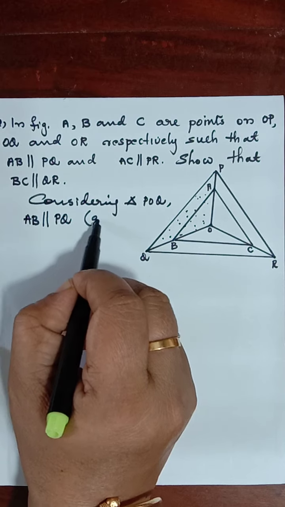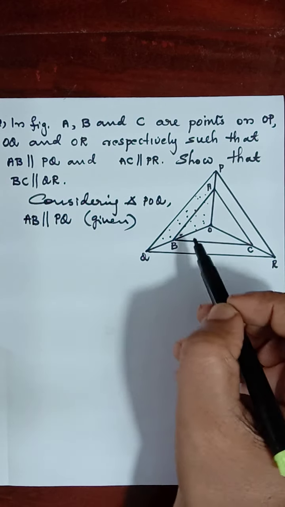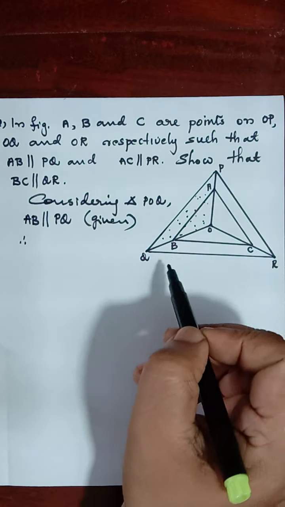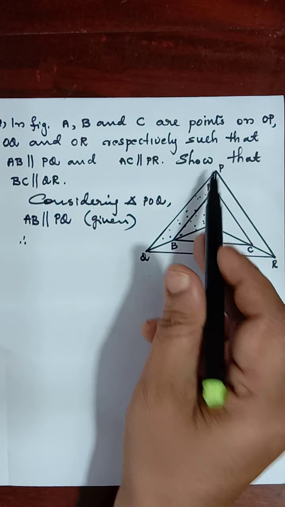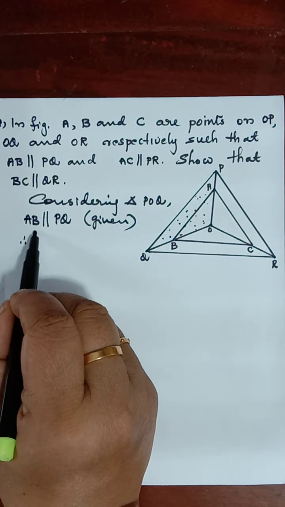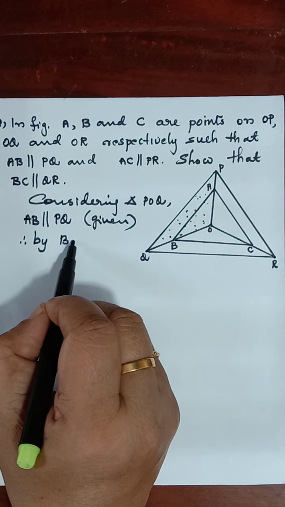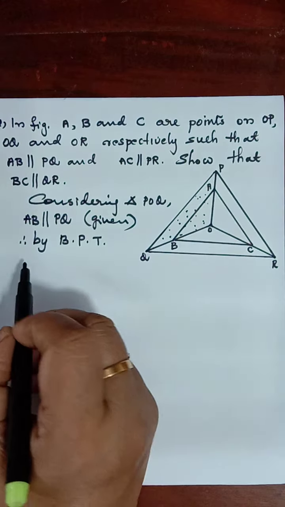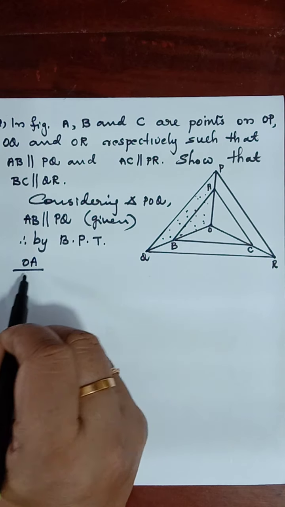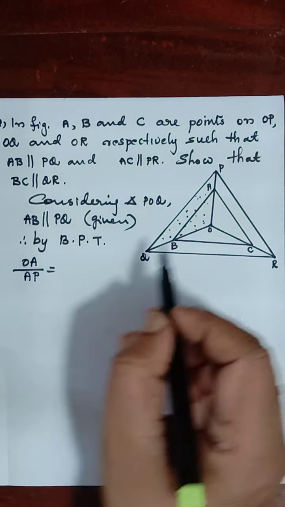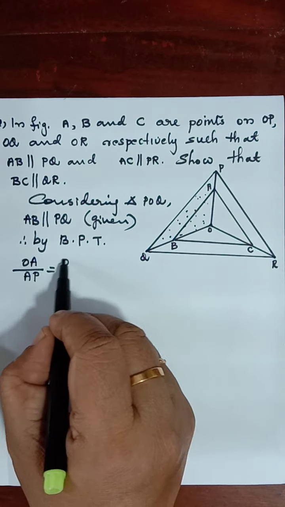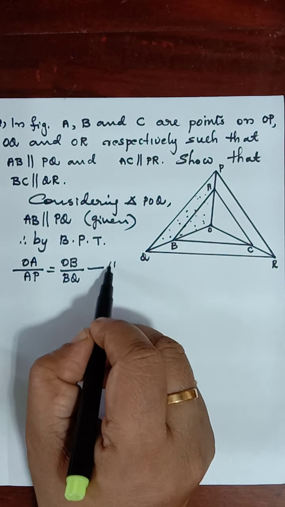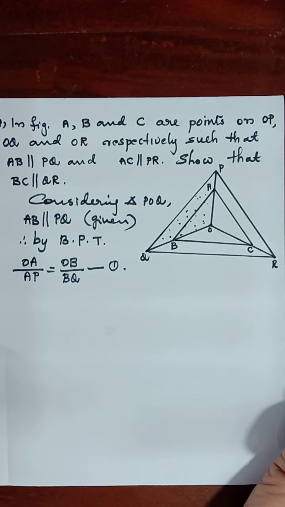Isn't it given to us? It is given. Therefore, if it is parallel, sides are proportional, by the basic proportionality theorem. OA by AP is equal to OB by BQ. Let us mark it as equation number 1.